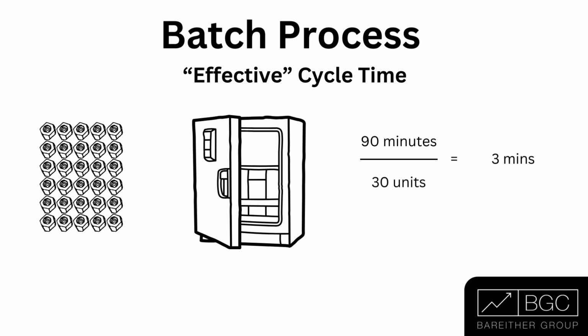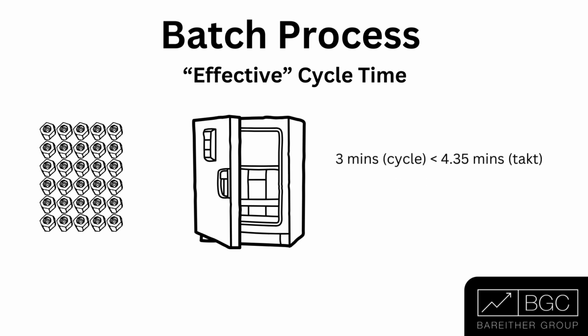So effectively, we can supply our customer one part every 3 minutes after that batch is complete, and we will have completed the next batch to replenish our stock. So this effective time, not the oven cycle time, is what we would compare to takt time. As we know previously, this is well within our assumed takt time from an earlier calculation of 4.35 minutes, so we have plenty of buffer in order to run this operation.